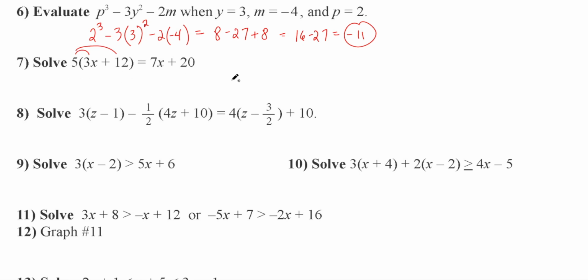So 15x plus 60 equals 7x plus 20. Get the x's on the same side, subtract the 7x. I'm not going to show the work, let's just do it. If I subtract 7x, what do I get? 8x. Subtract 60 from this side, what do I get over here? -40. And then divide both sides by 8, and then what do you get?